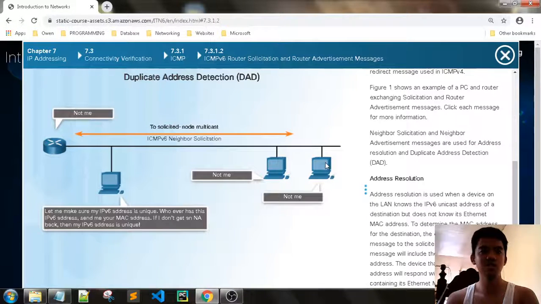The destination address is the IP address of the sender itself. If it gets a reply, then the IPv6 address is not unique.